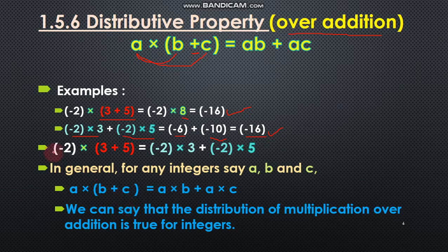So we see here that negative 2 into (3 plus 5) is the same as negative 2 into 3 plus negative 2 into 5. So we can say that the distribution of multiplication over addition is true for integers, that is, a multiplied by (b plus c) is equal to a into b plus a into c.